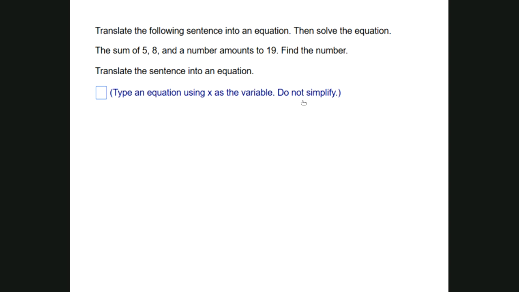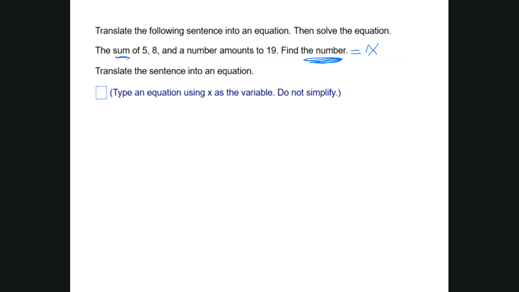So we're going to use x as the variable. So I'm going to go over here and define that. The number is x. We'll take a look at our original sentence. It says sum. Sum means to add. So that means we're going to add.